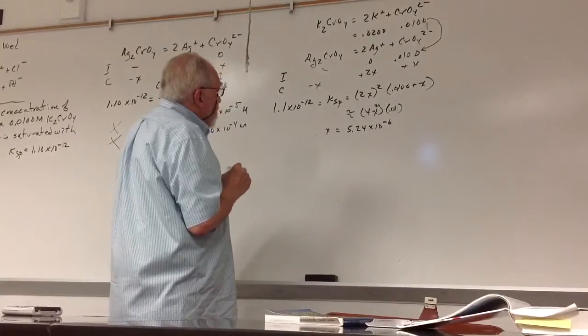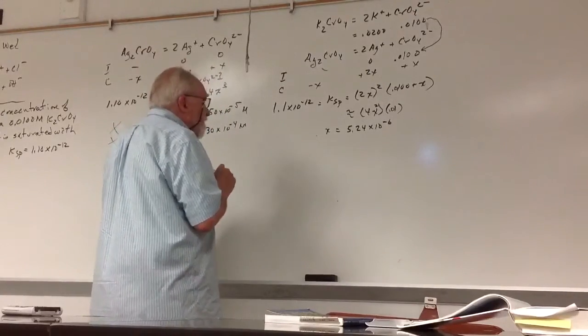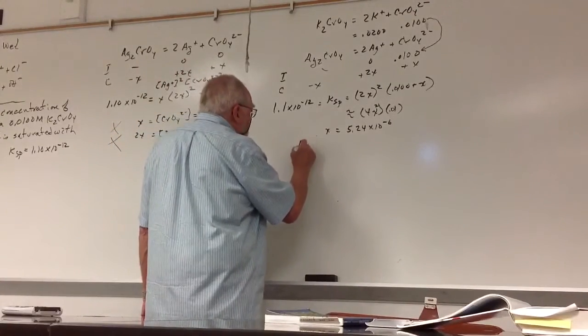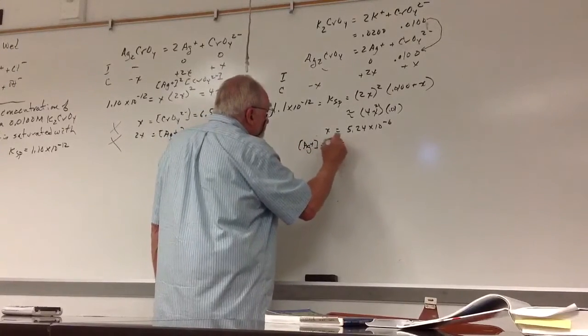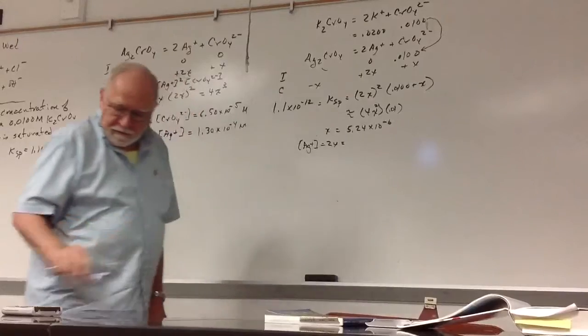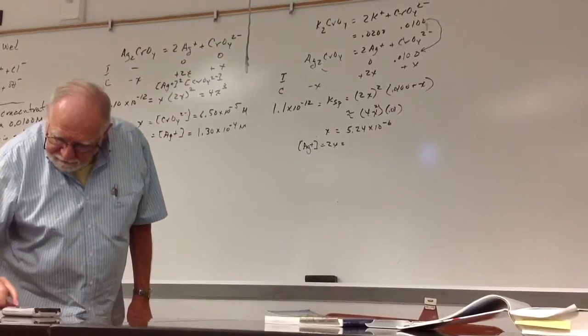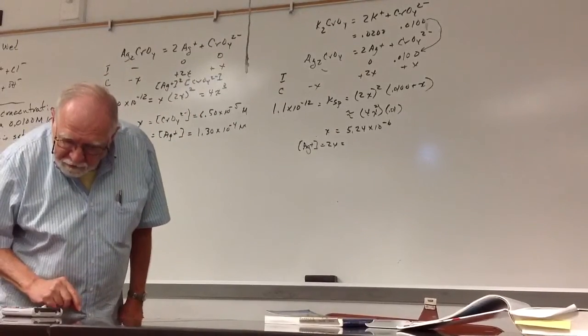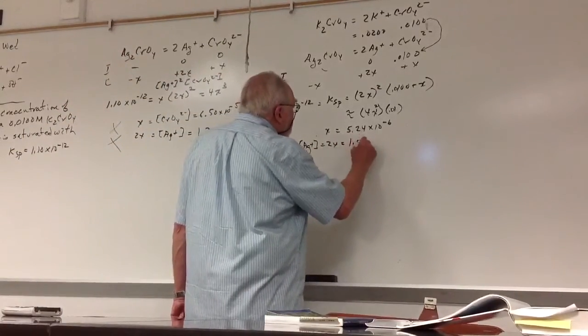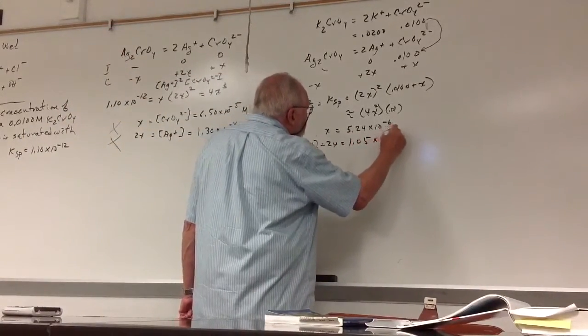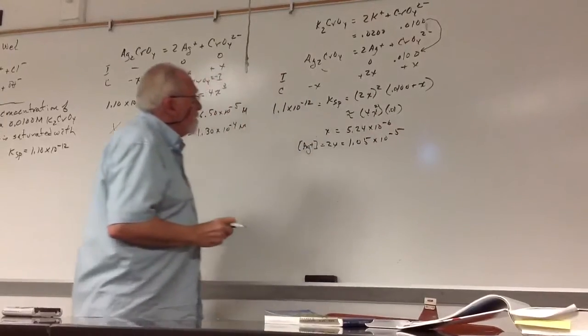So that says that the silver ion is times 10 to the minus 5.